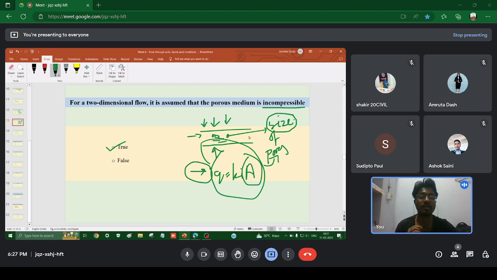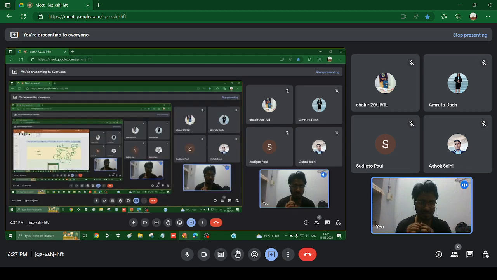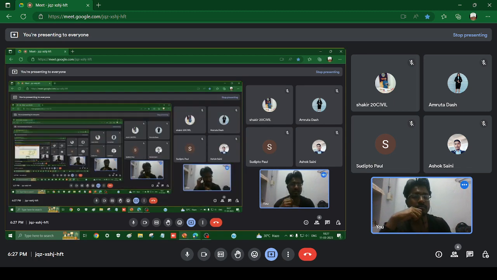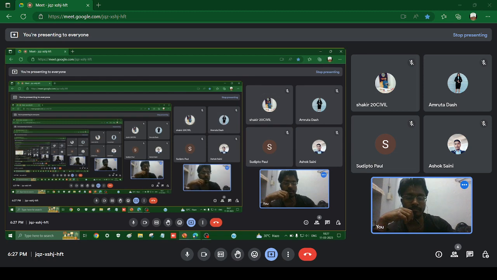Hence it is assumed that the porous medium is incompressible, so that there is no volume change, hence the size of the pores remains constant, and hence the area of cross section remains constant with time, for us to make the calculation of seepage more feasible. Clear? Is it clear now? Whoever asked the explanation? Thank you. Okay.